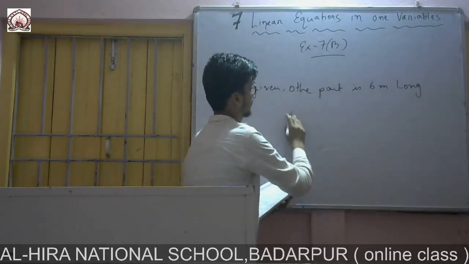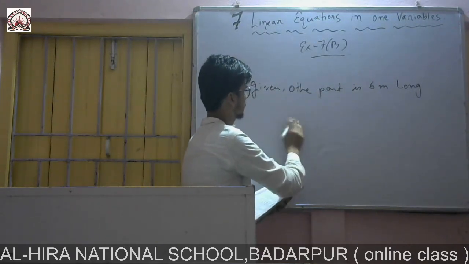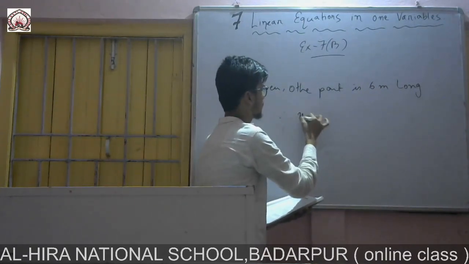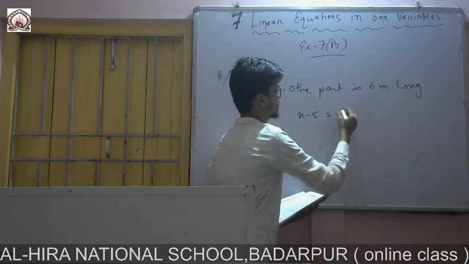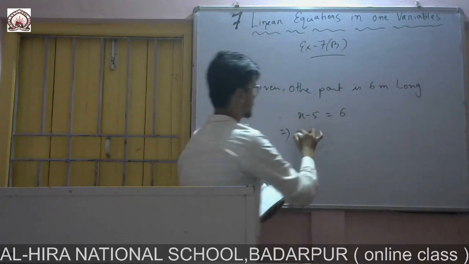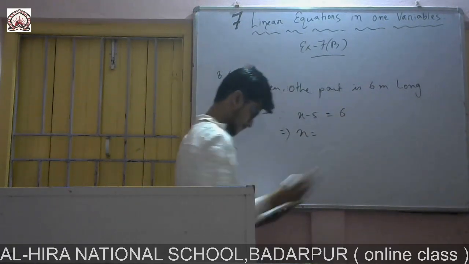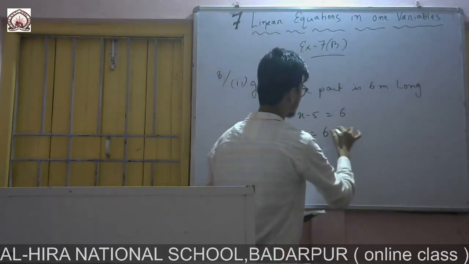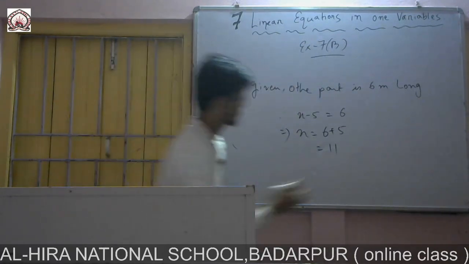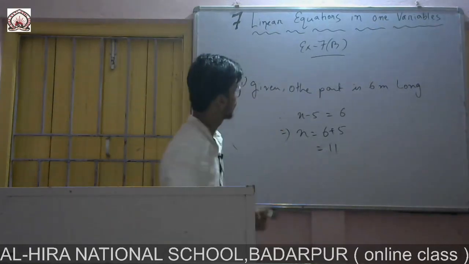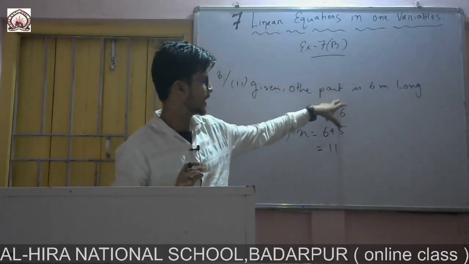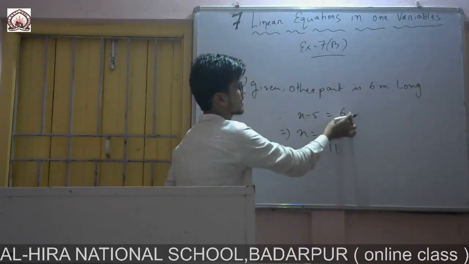So earlier we found the length of the other part, x minus 5, which now is given as 6, which implies x equals 6 plus 5, which is equal to 11. As the question says, the length of the other part is given as 6 meter.